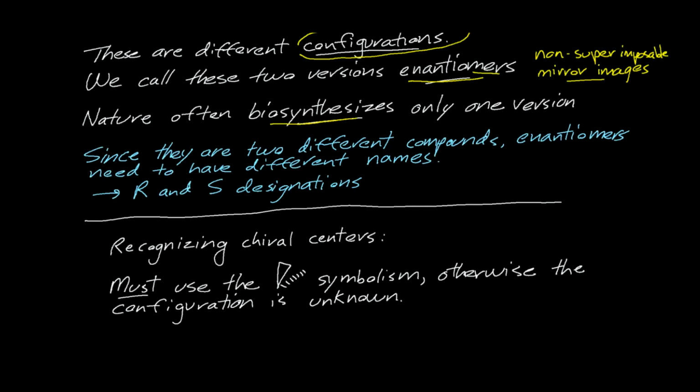Now that we know that there's two molecules rather than one, we need to have different names for them, and we usually use R and S designations, although in biochemistry these will often be referred to as L and D alternatively.